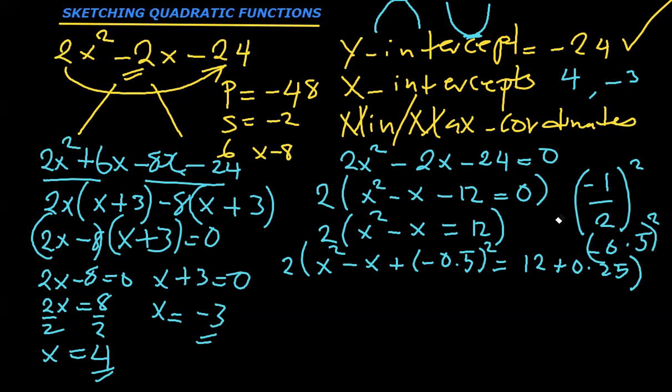Okay. Now, the next step, just ignore this one here for simplicity, because it's a perfect square. If you factorize what you have here, which is x squared minus x plus 0.25, it's simply going to give you, let me put out the 2, x minus 0.5 squared.